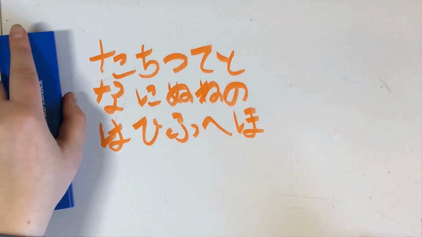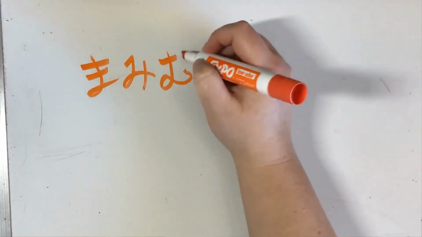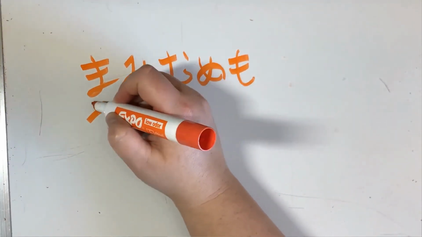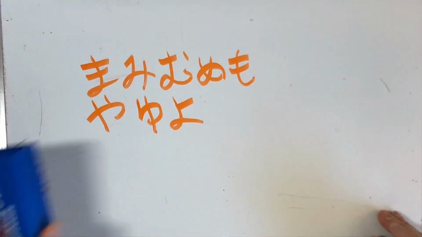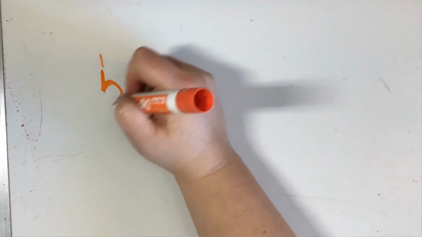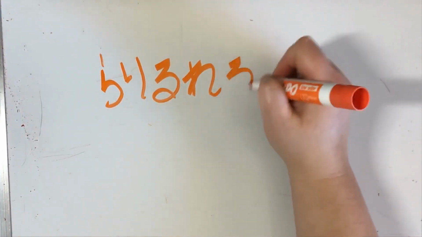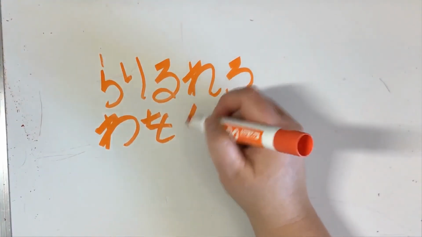And then today we learned ma, mi, mu, me, mo, and then we learned ya, yu, yo, ra, ri, ru, re, ro, wa, o, and n.